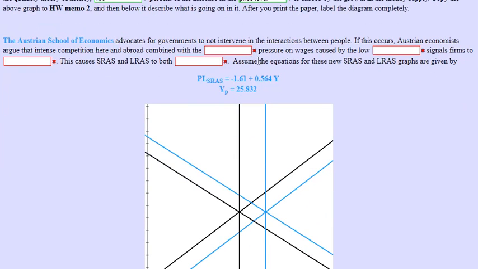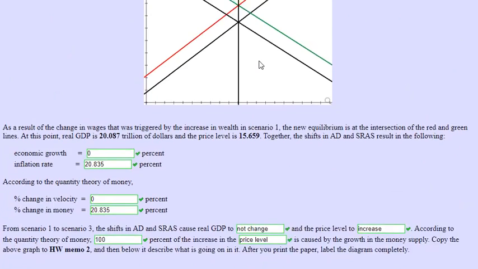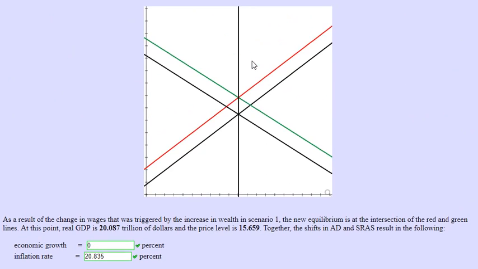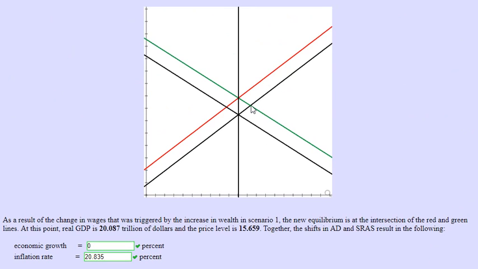Now down here is an alternative view of what's going on above, right? The Fed wants to prevent the economy from going from this point to that point. So what the Fed will do is it will want to push aggregate demand back down.